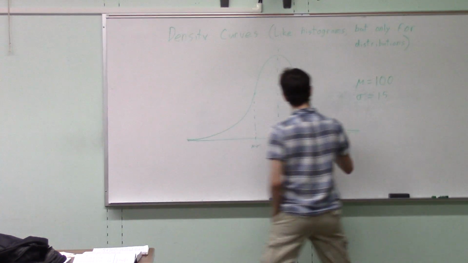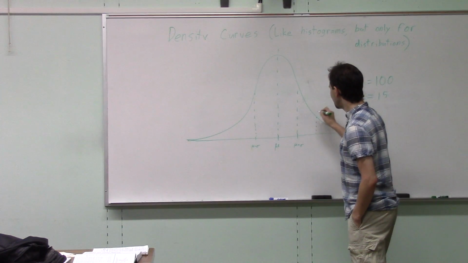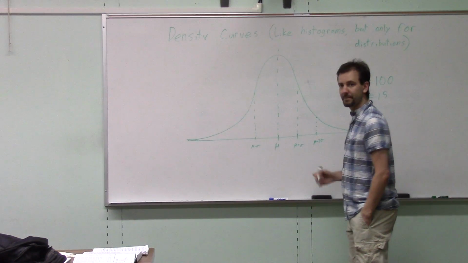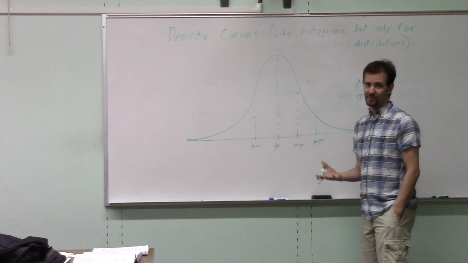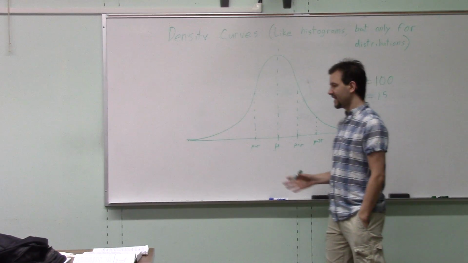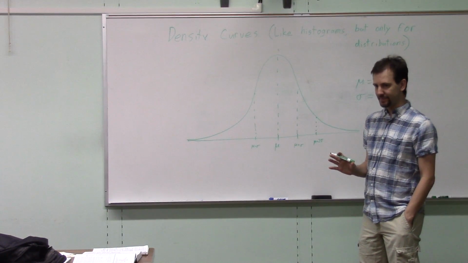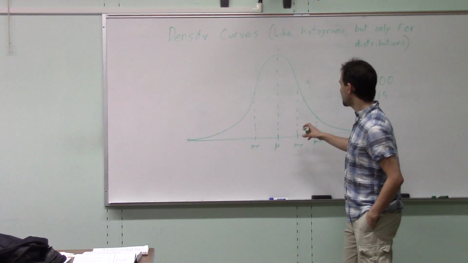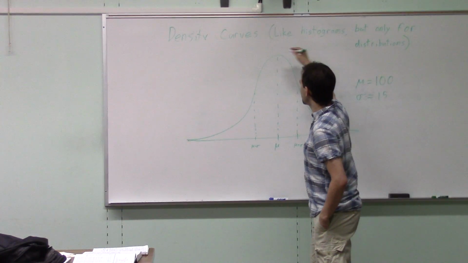So what does that mean? That means that somebody with an IQ of 130, if you've had your IQ test and you've been measured as 130, you are 2 standard deviations above the mean. Your z-score would be 2. And as for your percentile, we'll get to that in a bit. Let's first measure the percentile for people who are 1 standard deviation above the mean.